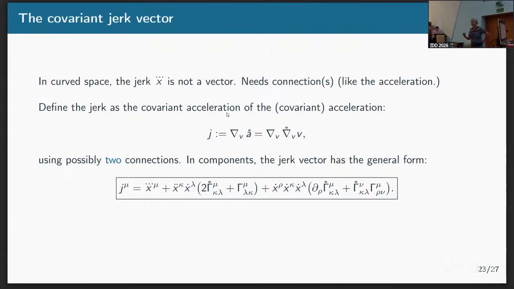So as acceleration, as a second-time derivative of the position, is not a covariant object in a curved space-time, you have to make it covariant by introducing acceleration and a connection.